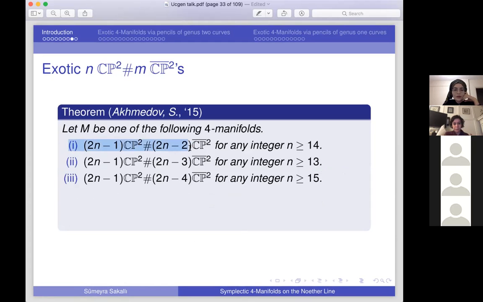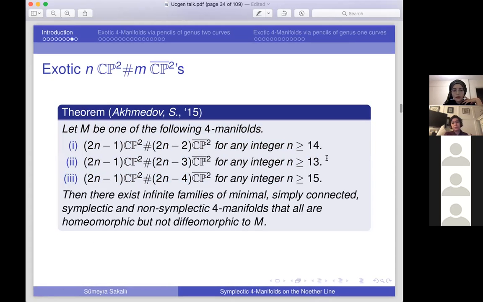The first group is manifolds whose signature is 1. And these are manifolds with signature equal to 2. And the last group is manifolds with signature equal to 3. And for each of them, and N is given in this way, we again constructed infinitely many exotic copies of M.